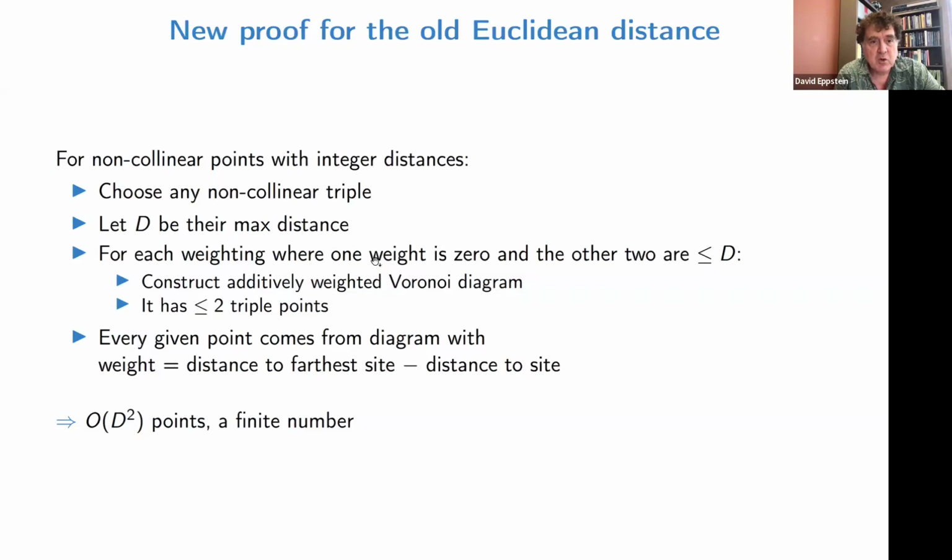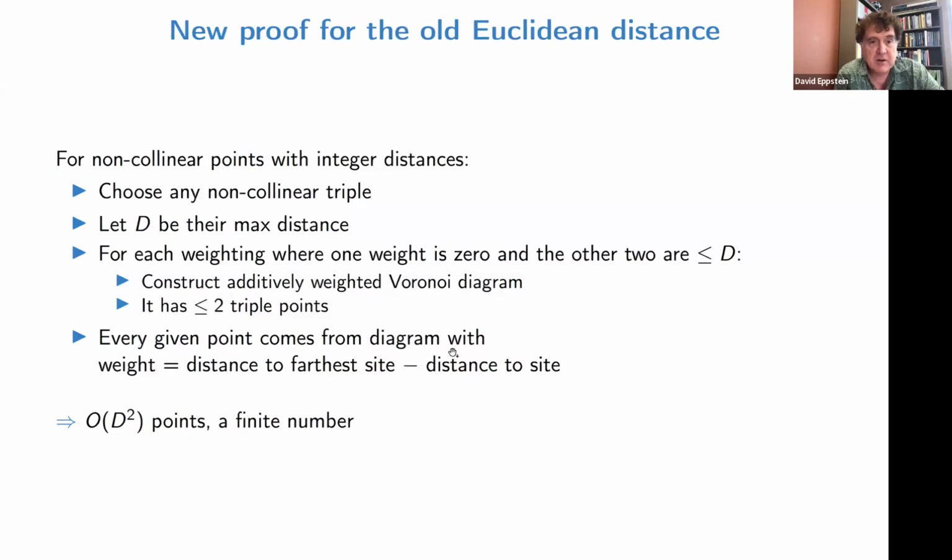Use all of the possible weightings where one weight is 0 and the other 2 are at most d, and that will give you a Voronoi diagram with at most 2 triple points. There are O of d squared weightings, and every point in your initial point set has to come from one of these diagrams, with the weights given by the differences in distances between the farthest site to the given point and the other sites.